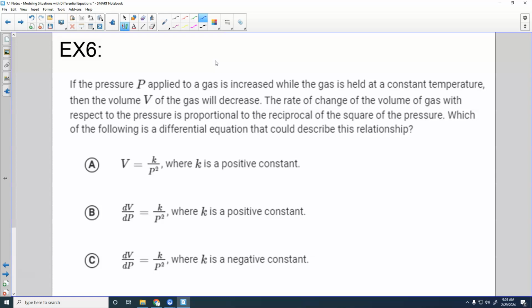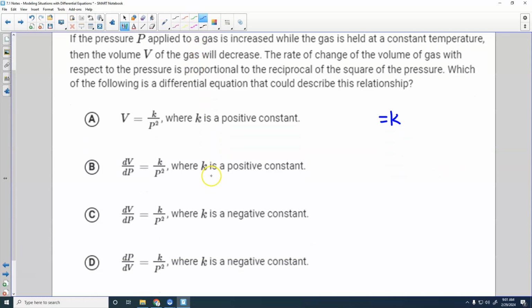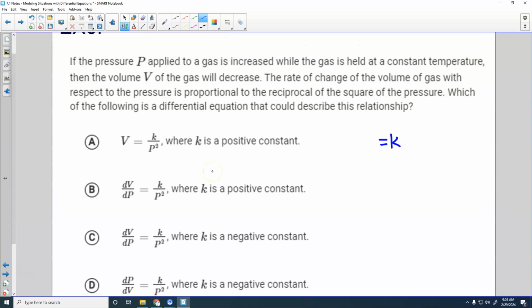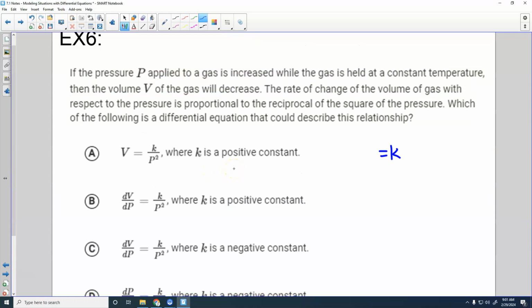So this one, let's throw in some new stuff in here. We know we've got directly proportional, so we're going to have equals K times something there. Although, look at your answer choices. Are any of them K times something? No, but that's how we're going to set it up at first anyway. Okay, the rate of change of the volume of the gas with respect to pressure.